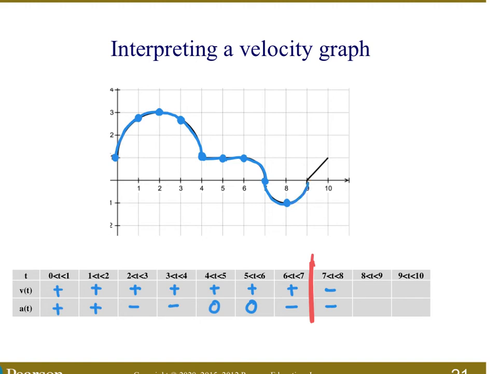From 8 to 9, it is below the x-axis, but changed to positive slope. And then from 9 to 10, it switched again to being above the x-axis. So I'm going to add another red line here because again, that is an important place, and it has positive slope.